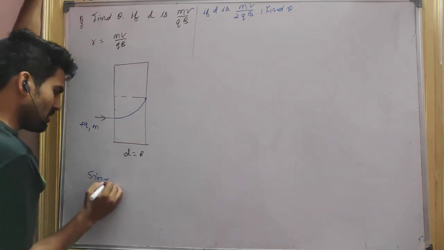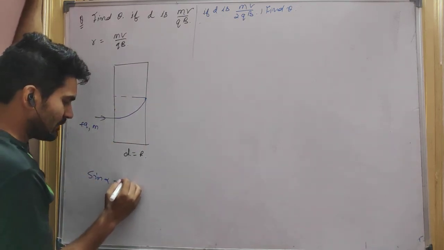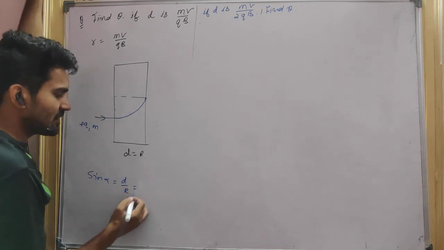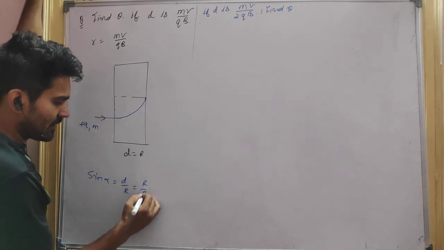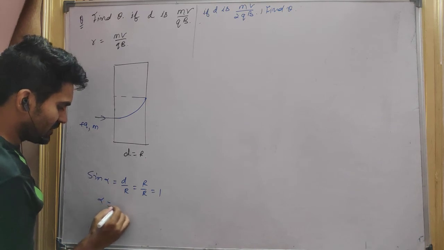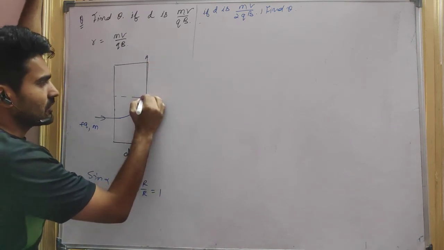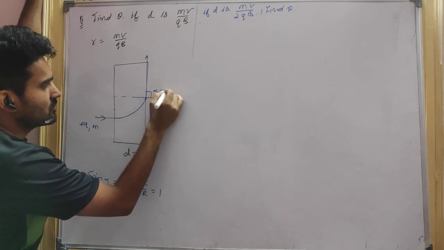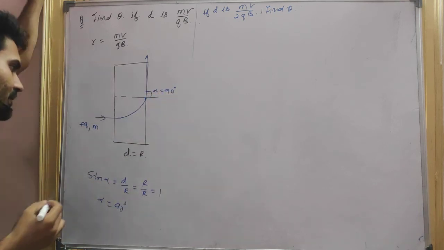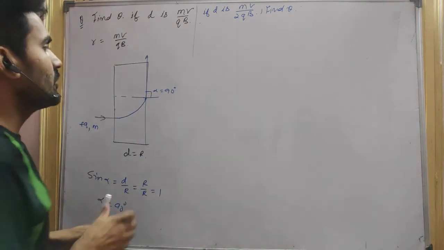Write the formula: sin alpha is equal to d by r. So d is how much? R by r, so it is 1. So alpha is equal to 90 degrees. So it will go like this. Let's see here for this one.